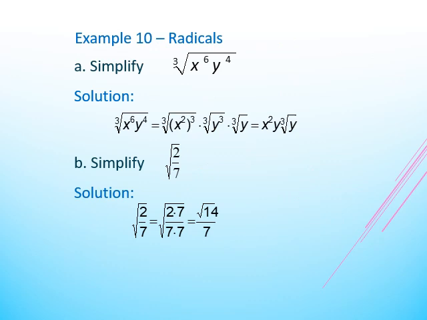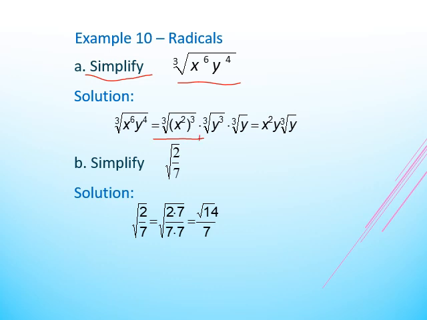Example number 10, we will introduce the examples for radicals. Here, just simplify this value. Remember the radical rules and properties and simplify the values. To simplify this value, we just partition this radical sign into 3 parts. The first part will be x to the power 2 all to the power 3 and radical with index 3.